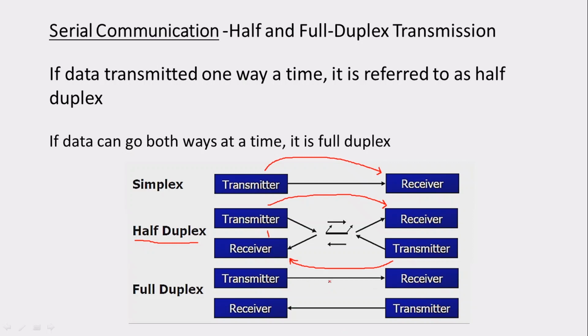But the channels, if you observe in full duplex format, we'll be having two different channels. When you are having two different channels, you can send and receive at the same time. Since I'm performing both operations, sending as well as receiving, I'll be calling this format the full duplex format.